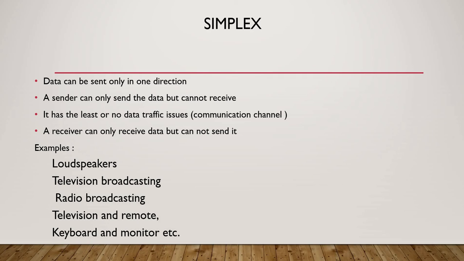So it has the least or no traffic issue for the communication channel. For example, loudspeaker, television broadcasting, radio broadcasting, television and remote, keyboard, monitor, etc. are examples of simplex.